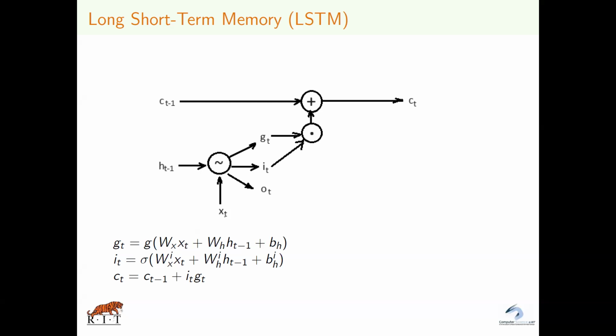This symbol denotes the hyperbolic tangent function, which just stands for some oscillation. And this other one stands for sigma, the sigmoid function.